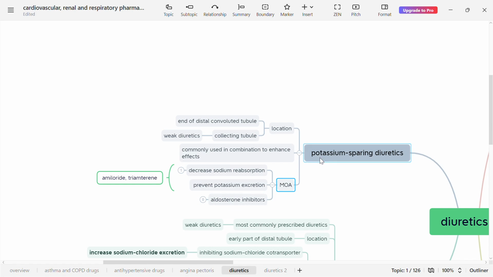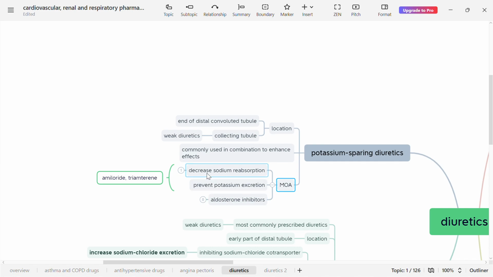So mainly the potassium-sparing diuretics can be classified into two categories. The first one is decreased sodium reabsorption and prevented potassium excretion. This is the first category. And another category is the aldosterone inhibitors.